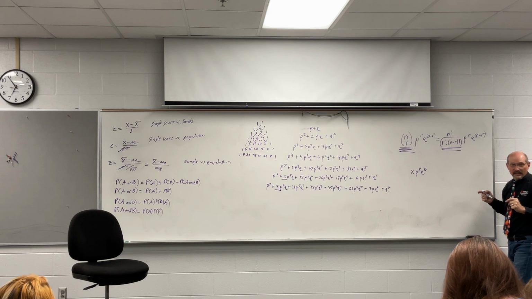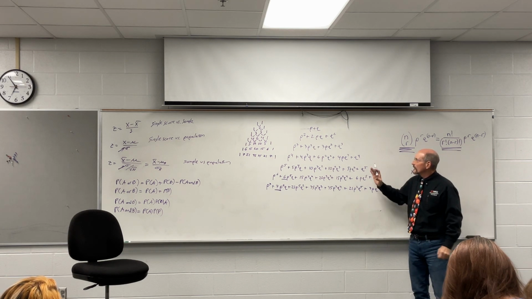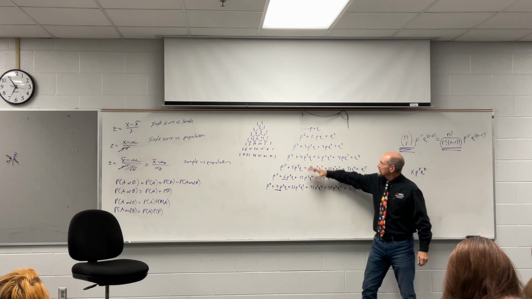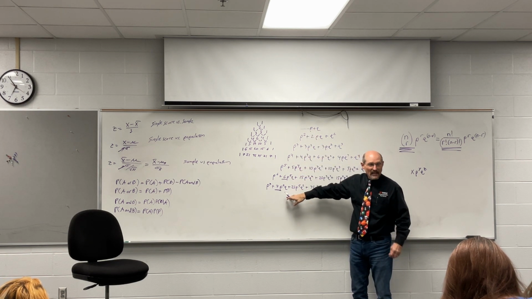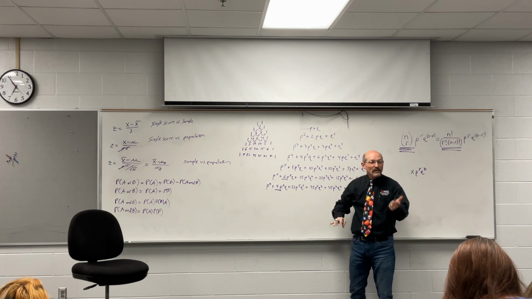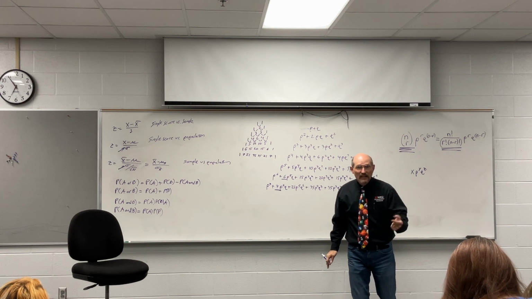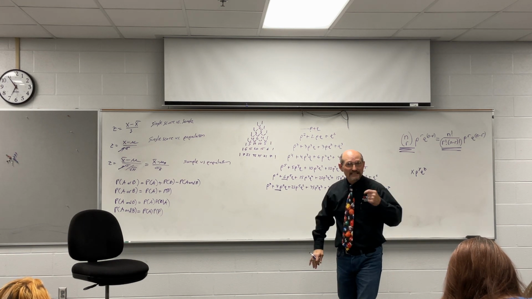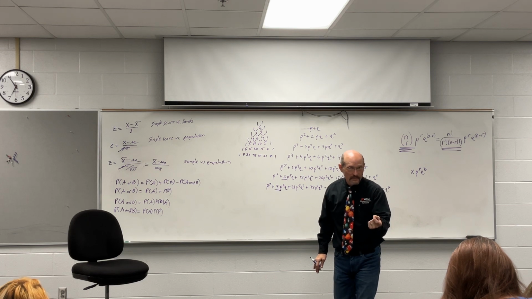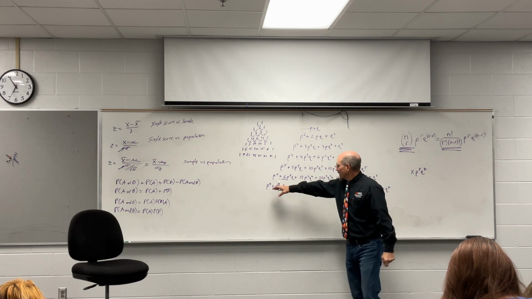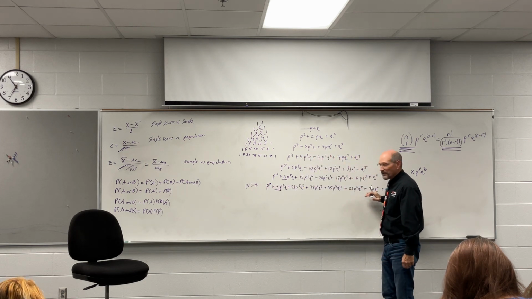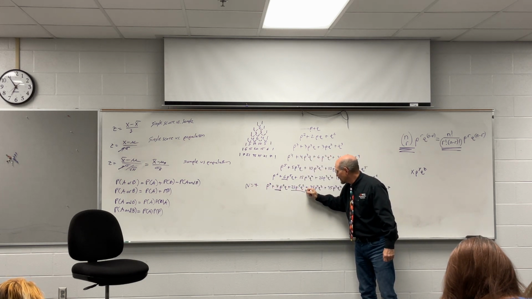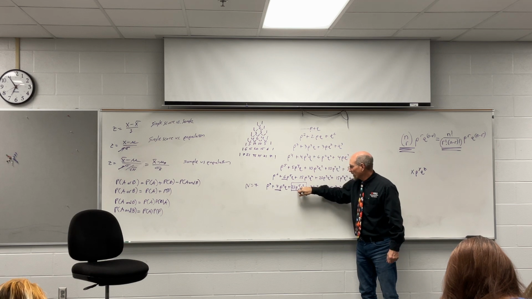If I'm building this, this is N1, N2, N3, N4, N5, N6, N7. If I ask you, what's the probability of flipping 5 heads in 7 trials? 7 trials, N equals 7. Choose this equation, 5 heads, 5 successes.